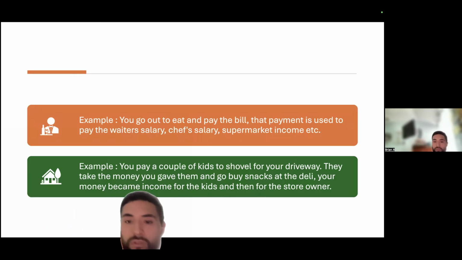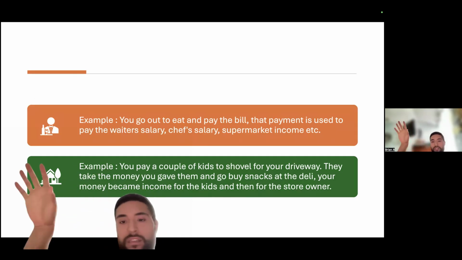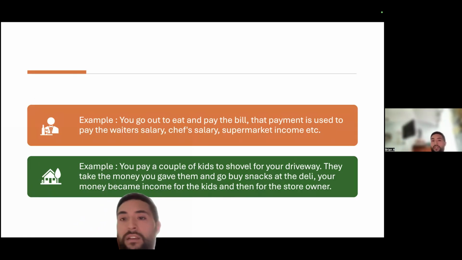Now, two examples of this include, let's say you go out to eat on a Friday night, right? You go out to eat on a Friday night, this nice Italian restaurant, and at the end of the night, the waiter brings the bill. Okay, fine, you pay the bill.